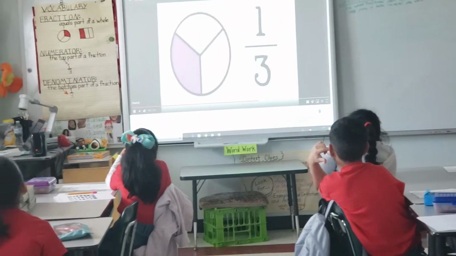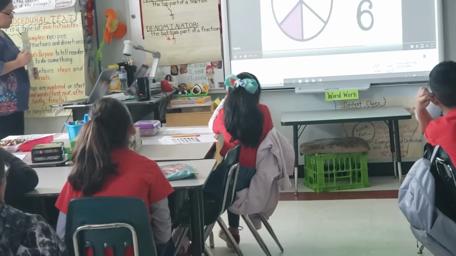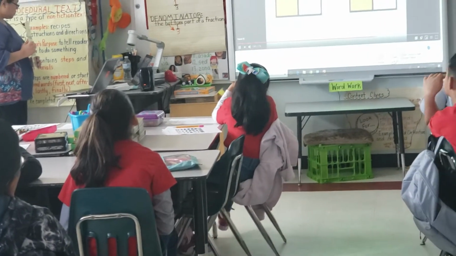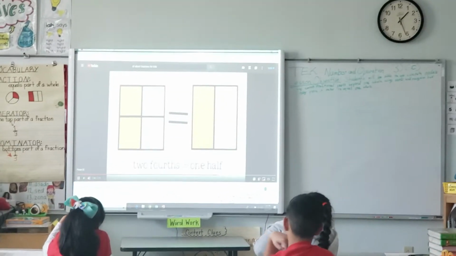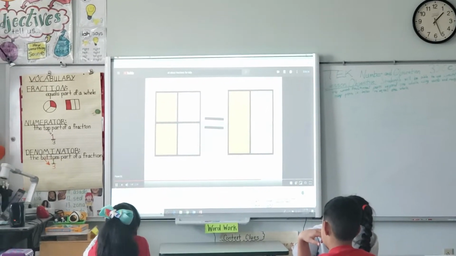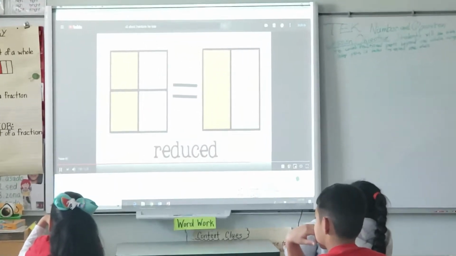You can keep cutting shapes into smaller and smaller pieces, and as long as the pieces are equal, those pieces are fractions. In the same way that 2/4 can be expressed as 1/2, other fractions that contain the same amount of the whole may be simplified or reduced to another fraction.